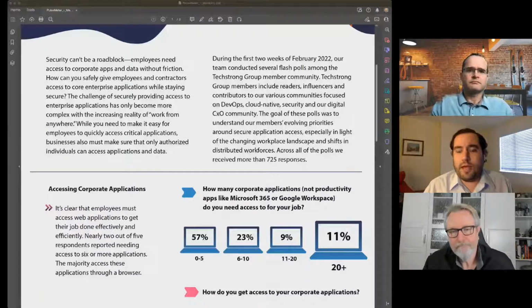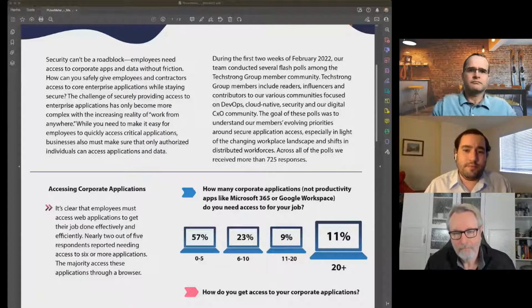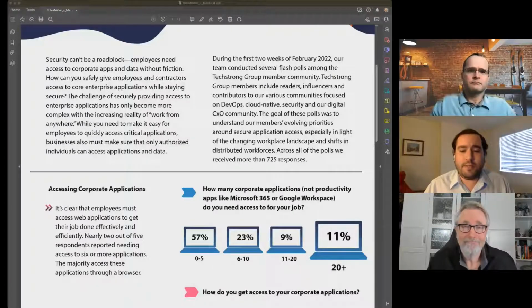And although 11% isn't an eye-popping number, if you think about it, 11% of the respondents said they need to access 20 or more applications. That's a ton of different applications. And then think about IT managers and security teams managing the security and access around 20 plus applications. And that's just one person needing to access those 20 applications. Enterprise scale, we're talking about a tremendous number of applications.